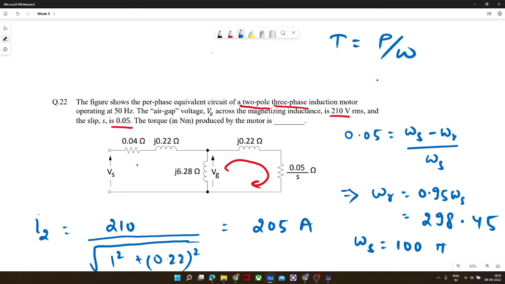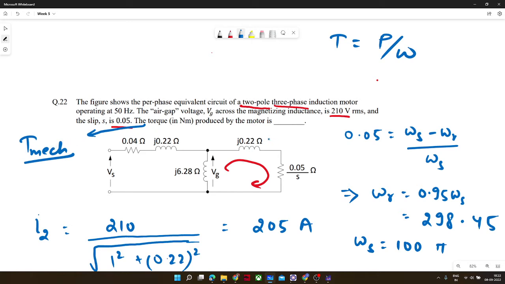If it is not mentioned, you will always take the mechanically developed torque. The rotational losses are not given, so we will consider them zero, and we directly reach the shaft torque. Whatever mechanical torque is developed will be equal to the shaft torque.